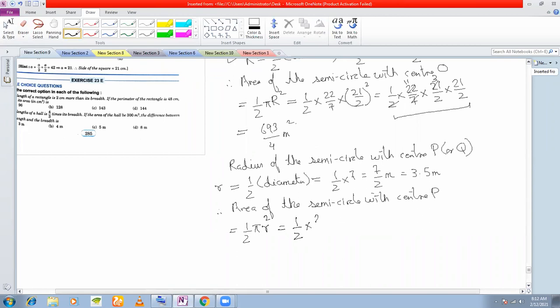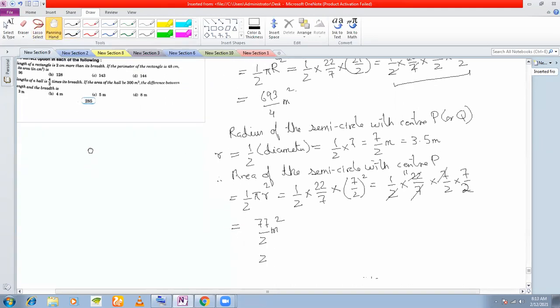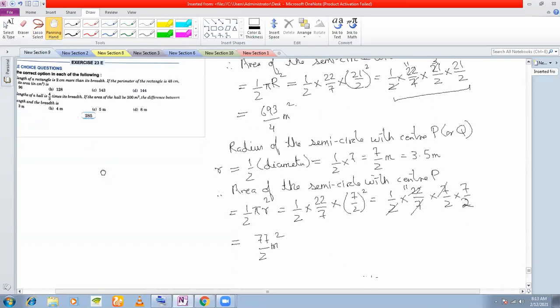Half into, put the value of pi as 22 by 7 and put a fractional value of r. So half into 22 by 7 into 7 by 2 into 7 by 2, which is equal to, this will cancel 11 times, this 7 will cancel here. So you're left with 11 into 7 by 2, which is 77 by 2 meter square. So area of this small semicircle we are getting as 77 by 2.